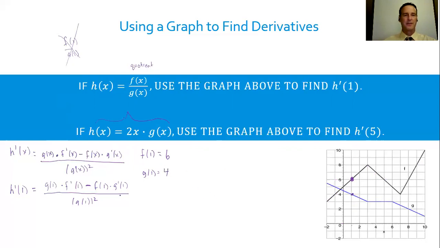Okay, now I also need some f primes and g primes at that same spot. And remember what the prime means. This means a derivative. Okay, so if I want the derivative at that spot, and I'm looking at a graphical representation, what I really want is the slope at that spot.